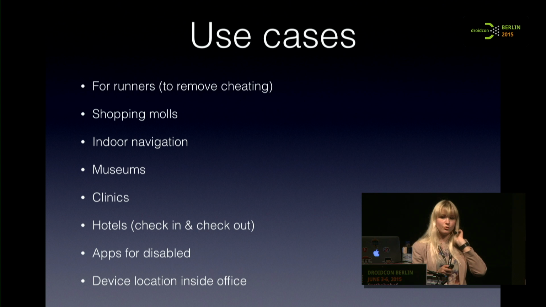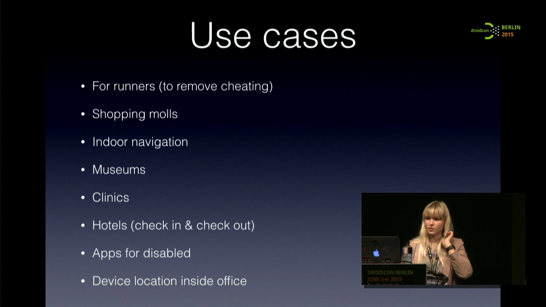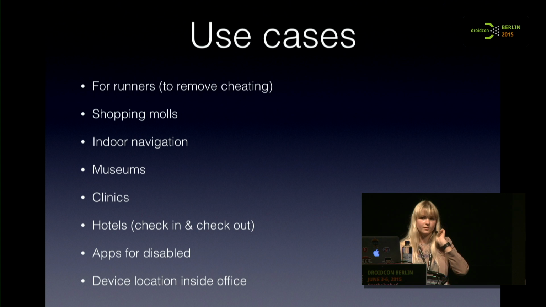Also, it can be used in hotels for check-in and check-out, and in apps for disabled people. For disabled people, it will add an audio guide, something like navigation or other hints.